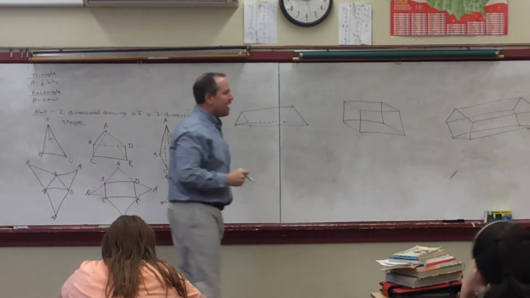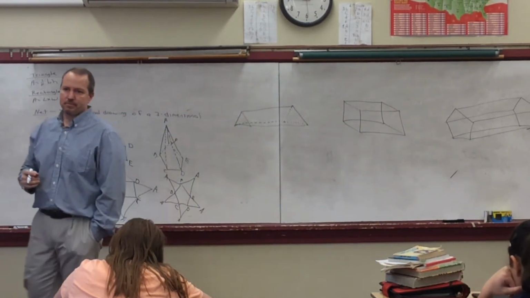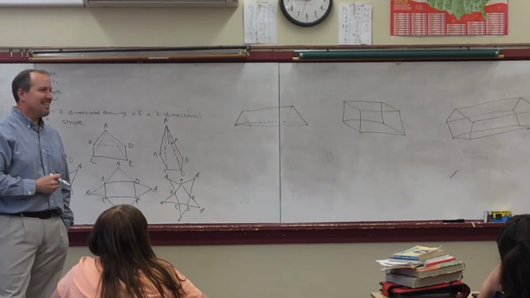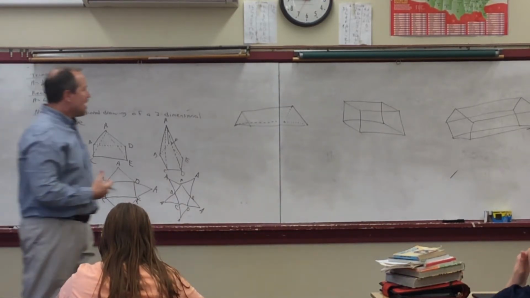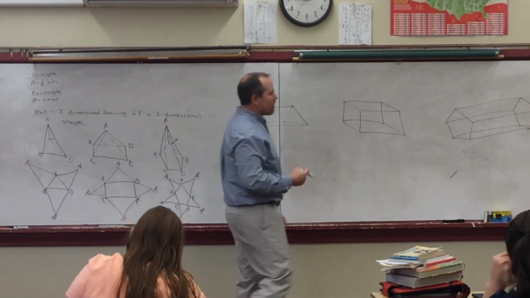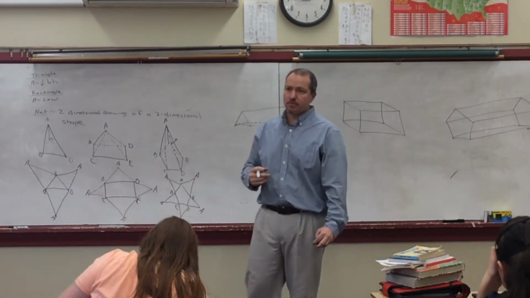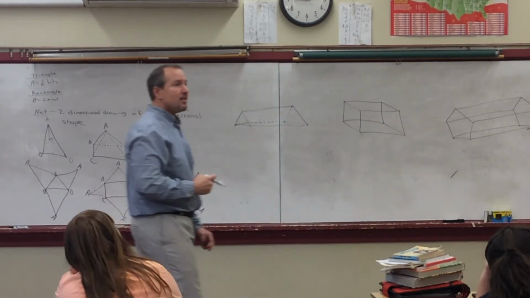And there we would have a pentagonal prism. Best artist in the world. I'm a genius. Okay? Once again, we know it's a prism because we have more rectangles than any other shape.